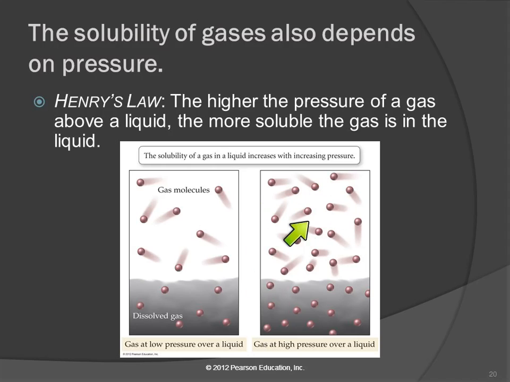We can see this is high pressure because there are a lot more particles here. Basically, these particles are being forced into the water. When there's a higher pressure of this gas above the water, there will be a higher concentration of the gas dissolved in the water. Lower pressure, fewer gas molecules above, fewer gas molecules in the water.